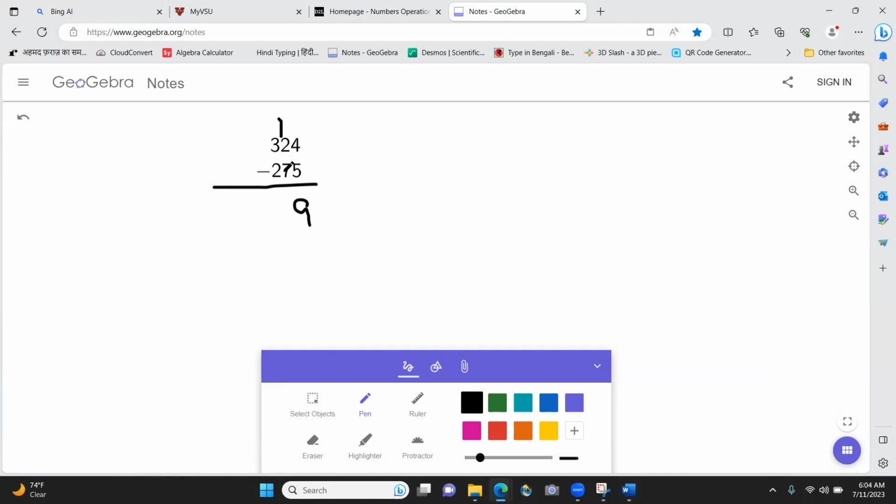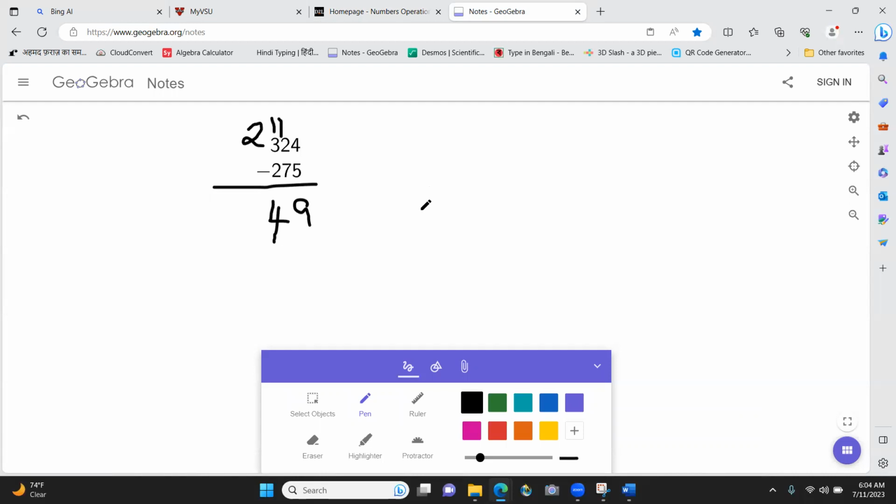And this is 70. Now it's a little hard, so we bring 1 from here, and this becomes 2, this becomes 11 tens. 11 minus 7 is 4. And 2 minus 2 is 0. So the answer is 49.